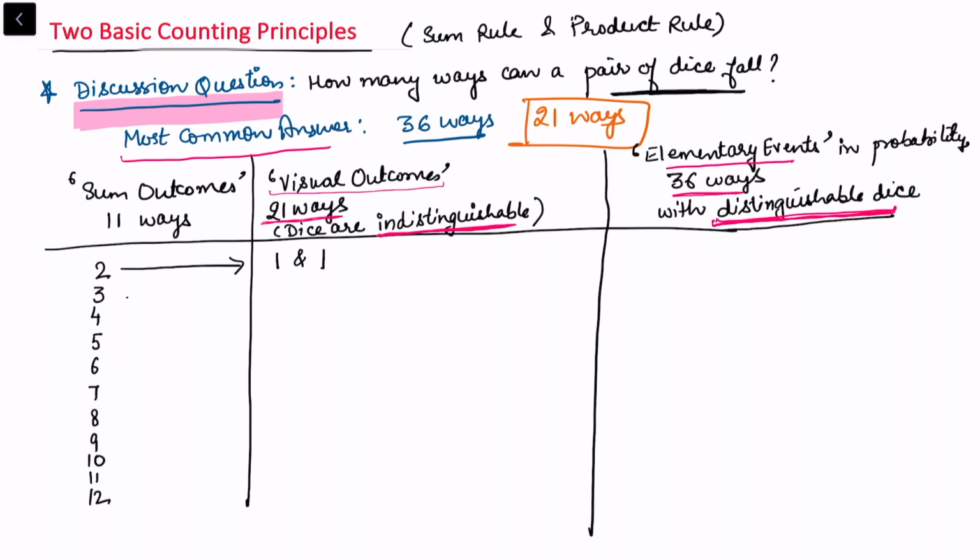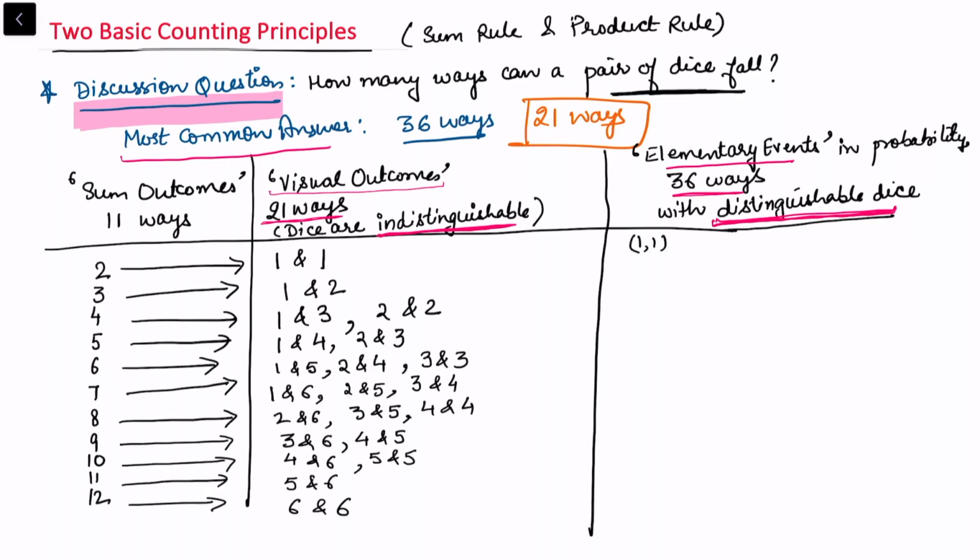Here one die is giving one option, another die is giving two options: 1 and 3, and another possibility is 2 and 2. Similarly, we continue finding for all the others. For the distinguishable case, I will write it as a pair so that the order does matter: 1 and 2, and 2 and 1. We continue doing this for the rest of the sums, and we get the result.